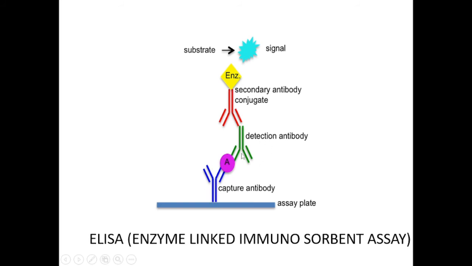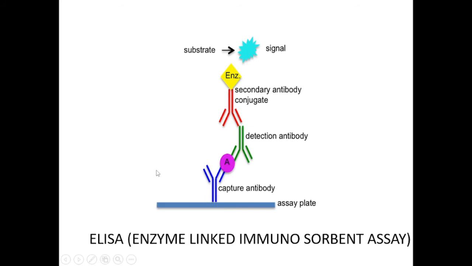If we want to identify an antigen, then we need a surface. It is performed in small polystyrene wells, which are coated with an antibody specific for our antigen.